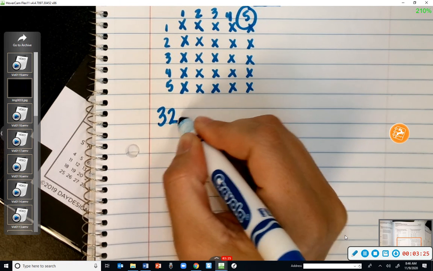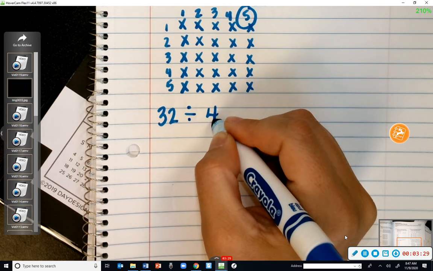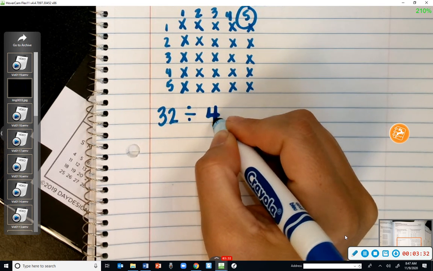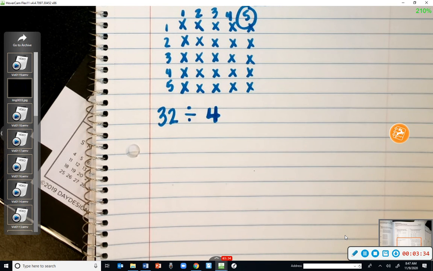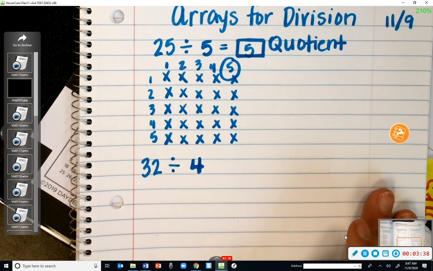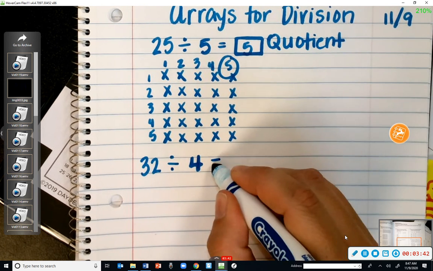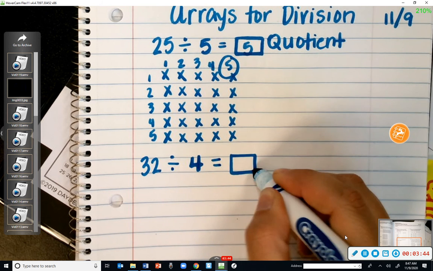32 divided by 4. Can we do this one by ourselves? We're going to try this one by ourselves. 32 divided by 4. How would we use an array to get our quotient?